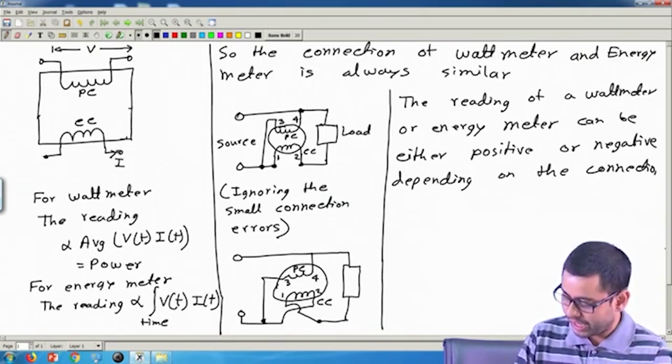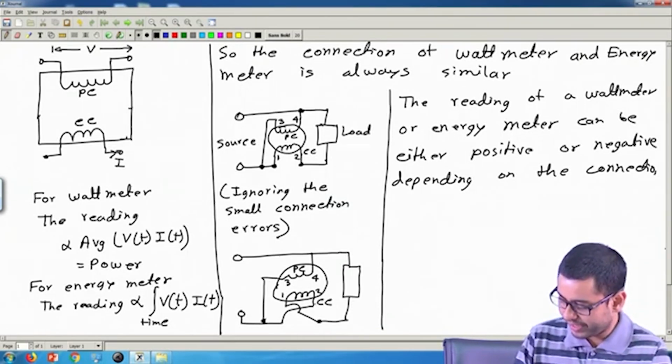So I have just reversed terminals 1 and 2.